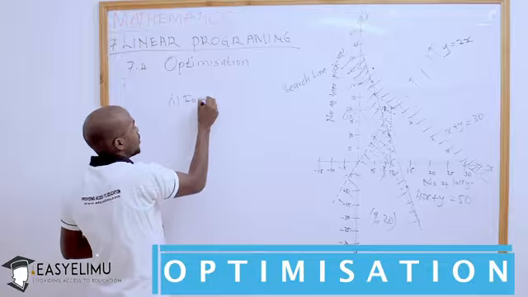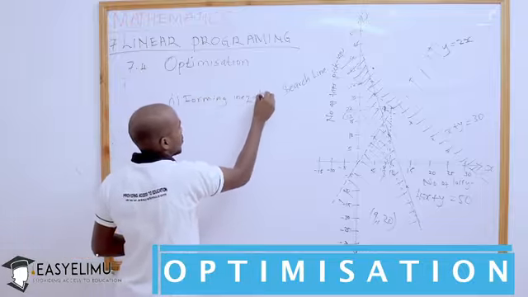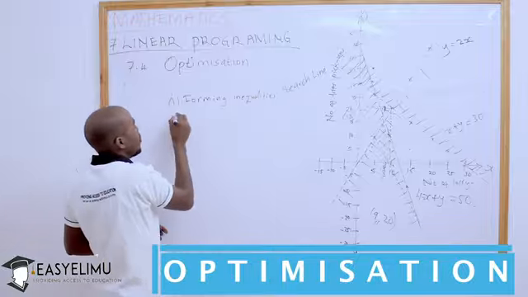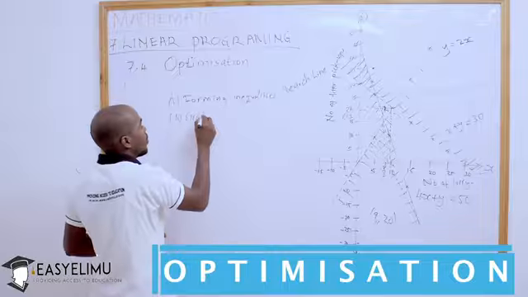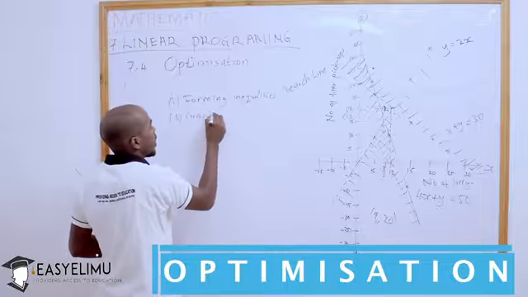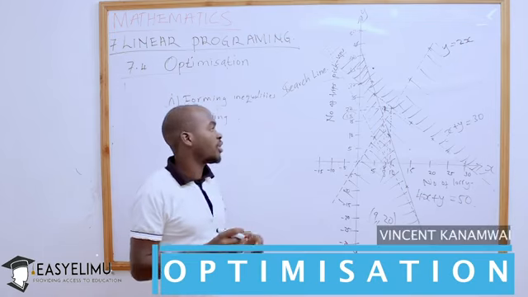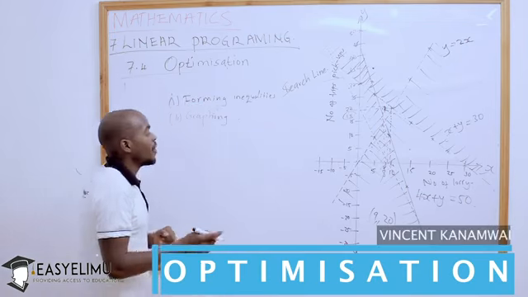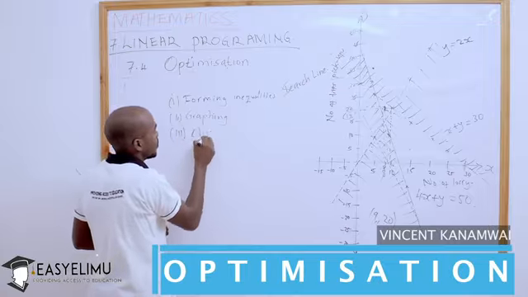We formed inequalities. After forming inequalities, we graphed them. So after graphing the inequalities on a Cartesian plane, we found an objective function.